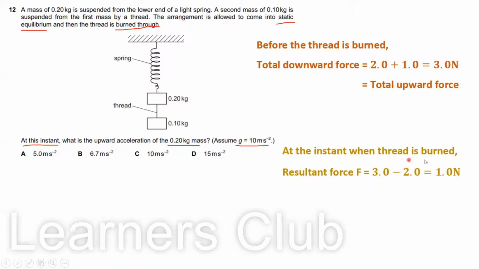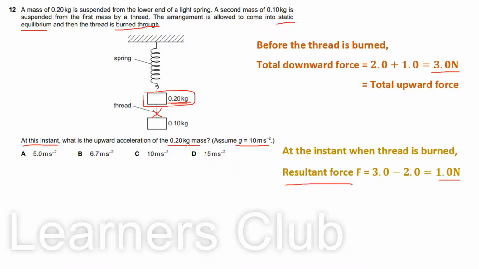At the instant when the thread is burnt, this mass falls apart. At that instant, the downward force is only due to this weight, 0.20 kg times 10, 2 newtons. So before the thread is burnt, the force is 3 newtons, but when the thread is burnt, the downward force is 2 newtons. So the resultant force is 1 newton.